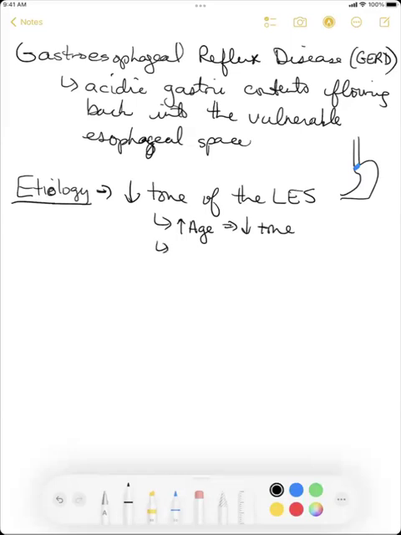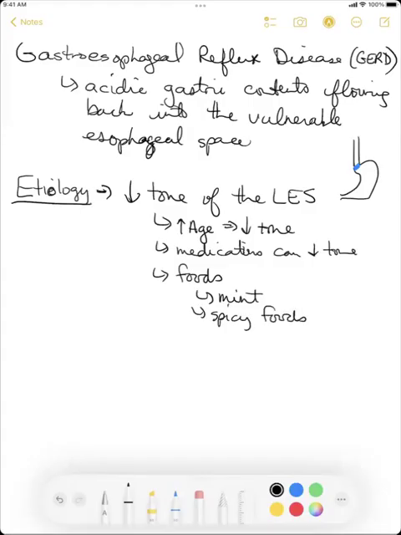Some medications can decrease the tone as well. And then there are a bunch of foods that can decrease the tone, and I'll list them for you. Mint can do it. Spicy foods, fried foods, or foods that are high in oils and fats, a high fat content.